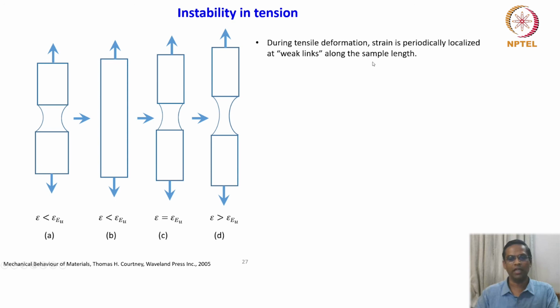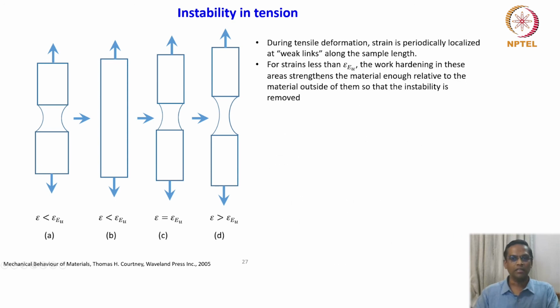And for strains less than epsilon EU, that is the strain at the maximum load, the work hardening in these areas strengthens the material enough relative to the material outside of them so that the instability is removed. So basically, when this cross section is being pulled in tension, the necking doesn't form immediately. The necking forms at a much later stage.